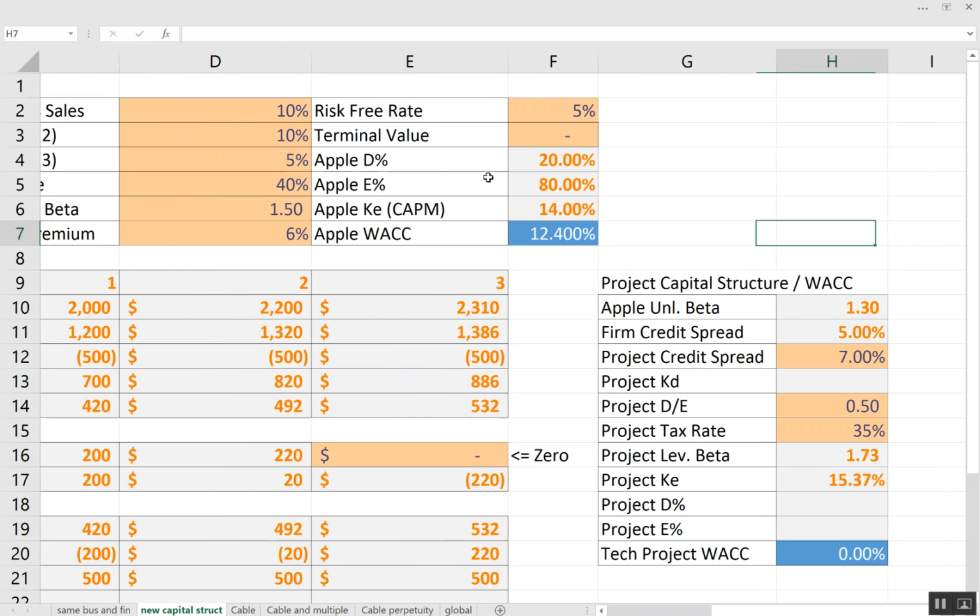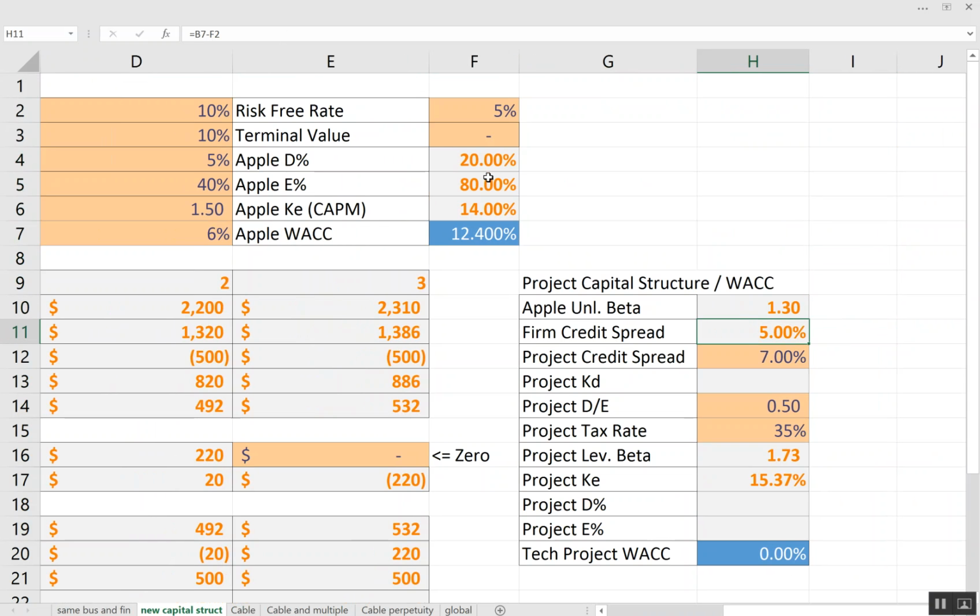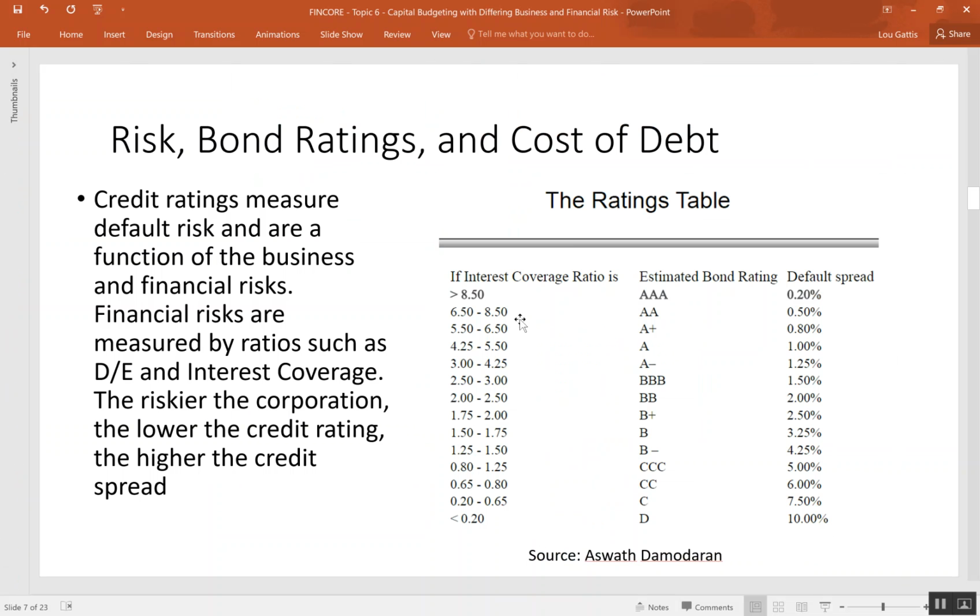So 10 minus 5 is Apple's current credit spread or debt spread. I'm going to make the assumption that this project with more debt, because of its higher D/E ratio, is going to have a credit spread of 7%. So if I just take the risk-free rate plus that new credit spread of 7, that would be a cost of debt of 12%.